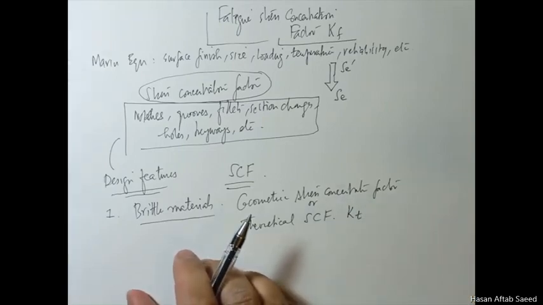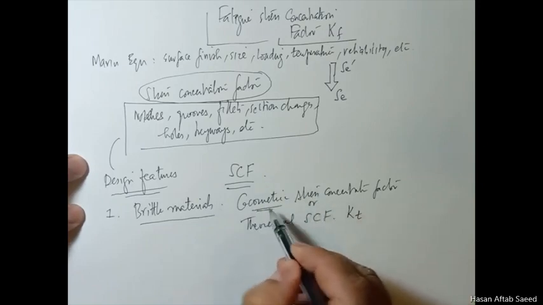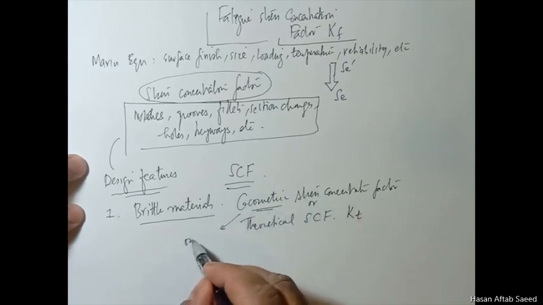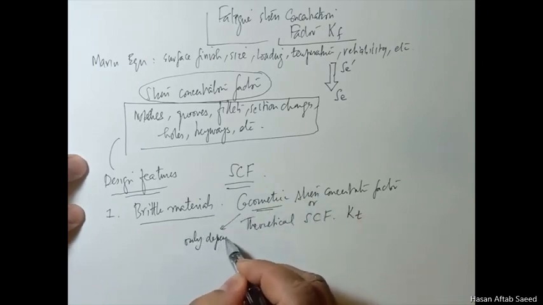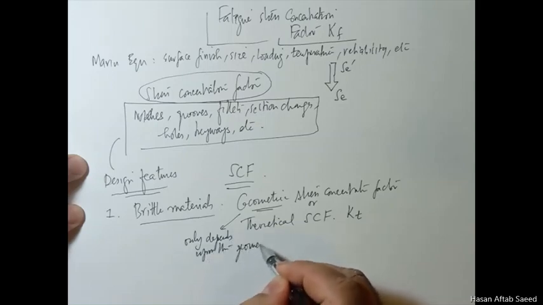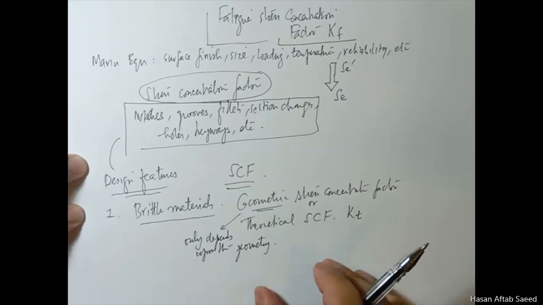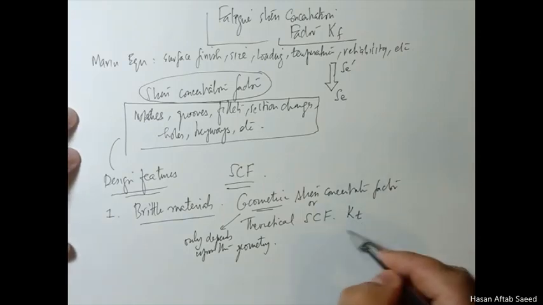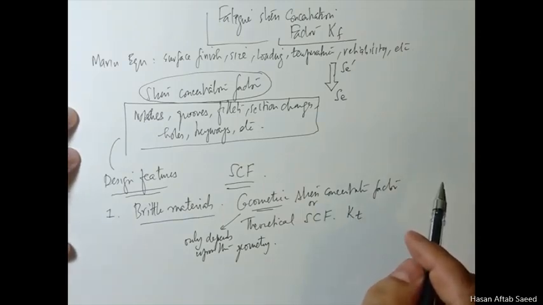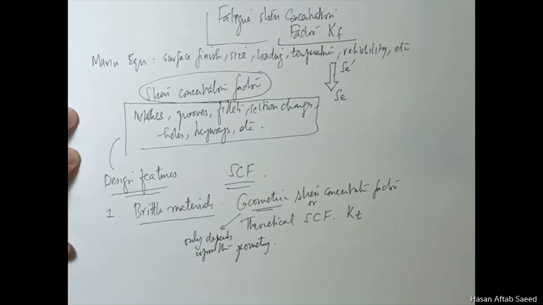T is for theoretical. Now, it's also called geometric because it only depends on this. It has nothing to do with the material you are using. And this is the Kt that you read off the charts, depending on the type of loading and the change of section dimensions, etc.